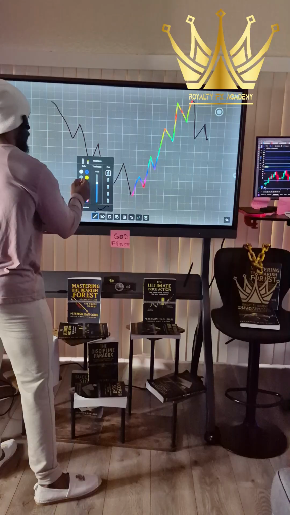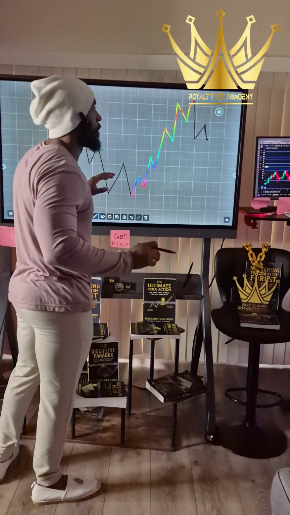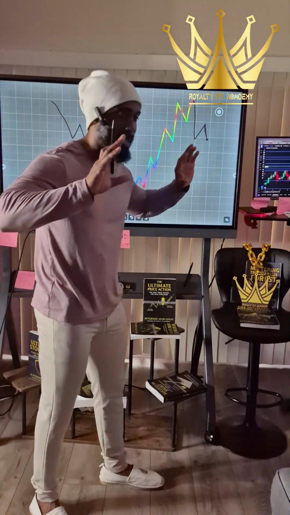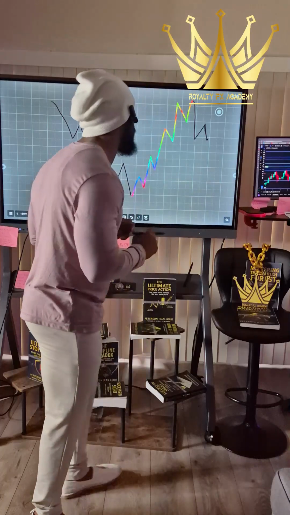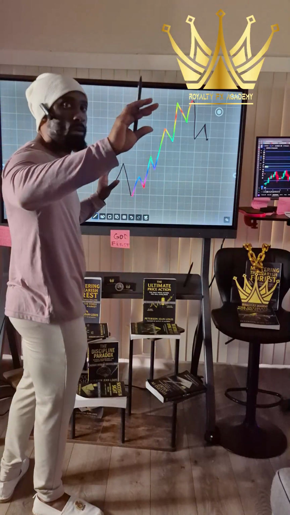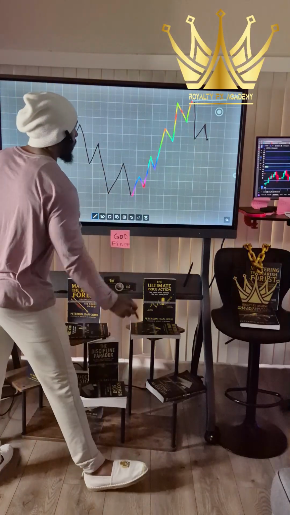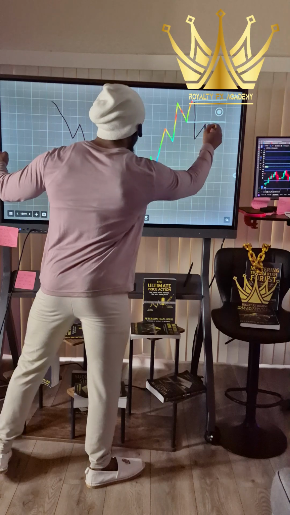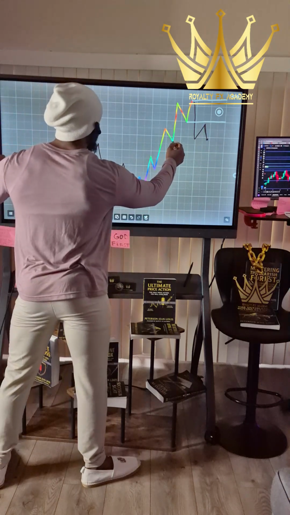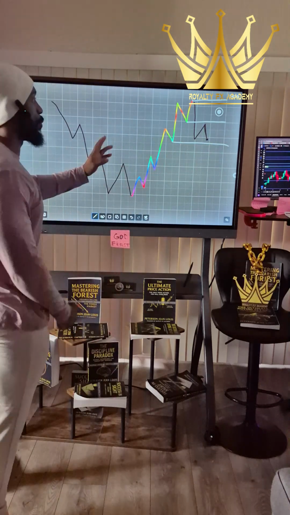When you mark in your zones, you want at most 5 zones. Why? You want the top 2 closest zones. So we have here, and then we have up here, which kind of goes hand in hand with that. Then we have this zone. Right off the bat, what do we have? 3 zones.